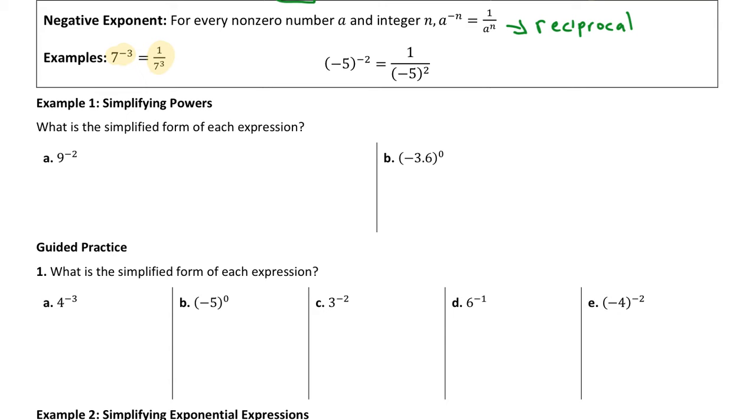The next example, negative 5 in parentheses to the negative second power becomes 1 over negative 5 to the second power, which is 1 over negative 5 squared, which is 25. So simplifying fully, it would be 1 over 25. But it's more helpful to understand that when you see a negative power, you write that power as a reciprocal. A negative exponent means you rewrite your power as a reciprocal.